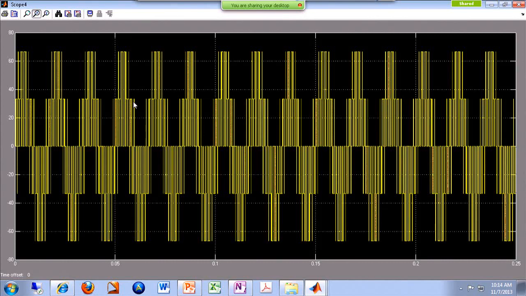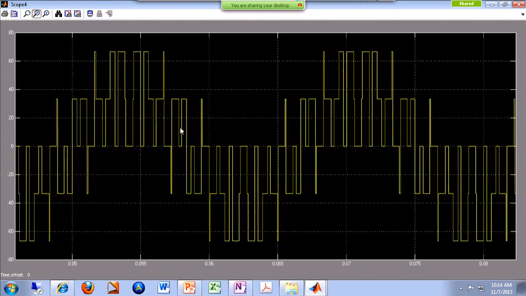VDC is 100, so 100 over 3, 33. So this level is actually 33. So if you really zoom in, you can see it's almost a sinusoidal signal. Again, it's not exactly sinusoidal, but you can argue that there is a significant AC harmonic in this signal. So this is actually your line to neutral voltage.